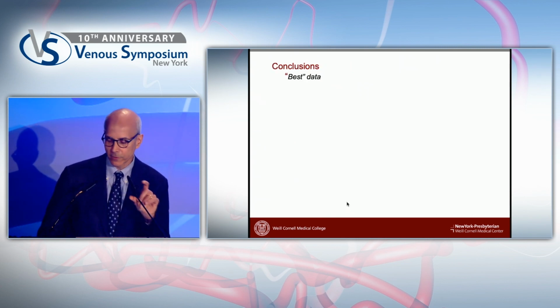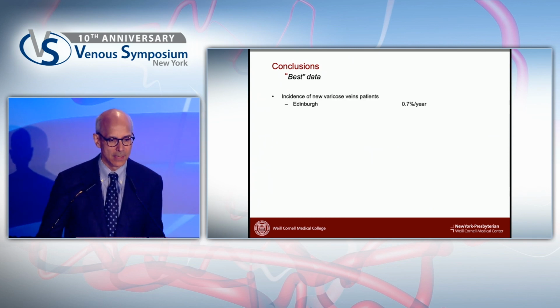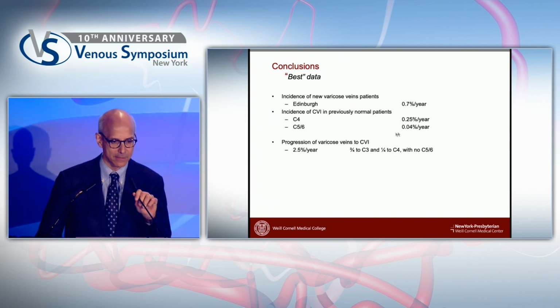So to conclude, with all these numbers that I just had, in terms of picking and choosing the best numbers, the incidence of new varicose veins in previously normal patients is about 0.7% per year. The incidence of CVI in previously normal patients that excludes edema, so we're going to talk specifically about C4 disease, is a fairly low number, and the incidence of ulceration in that population is extremely low per year, but it happens.